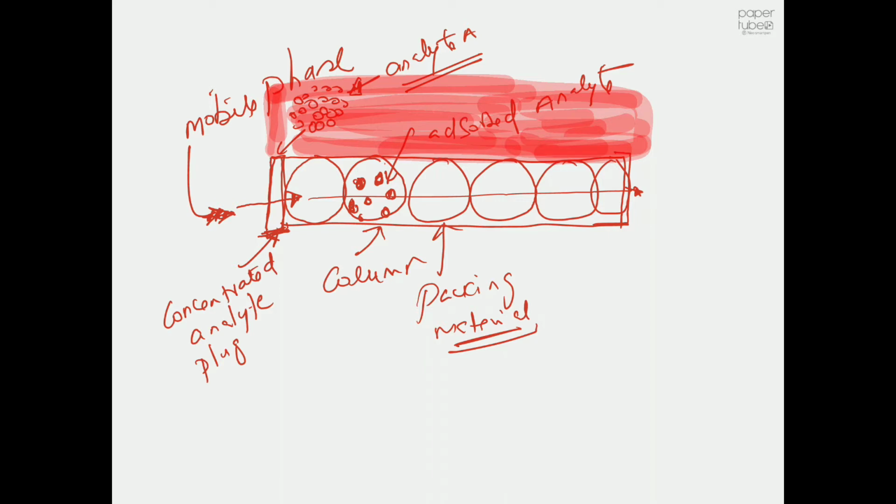So at any instant of time, there will be some analytes in the liquid and some analytes in the solid. So they will be in equilibrium with each other. At any point, whether this part or this part or this part, the concentration of analyte in the solid will be in equilibrium with the solution.